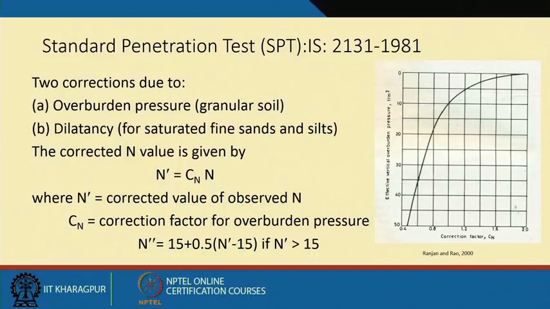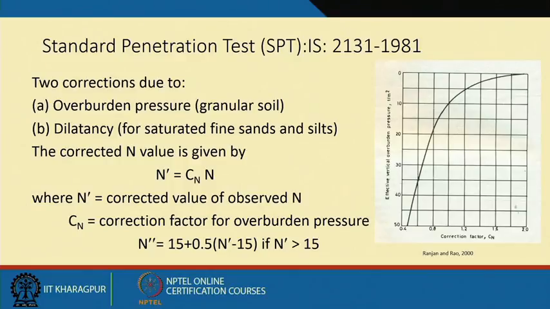This happens here during the N value test because we are applying hammer blows. That is why 15: if the N dash value is greater than 15, as the N value increases it indicates the soil is becoming more dense, towards the dense side.